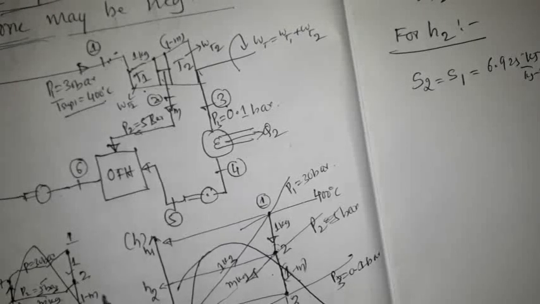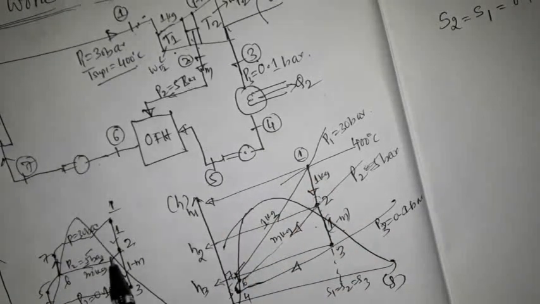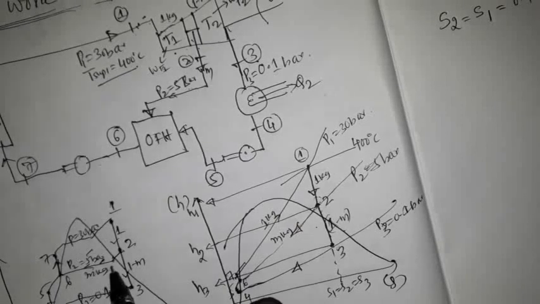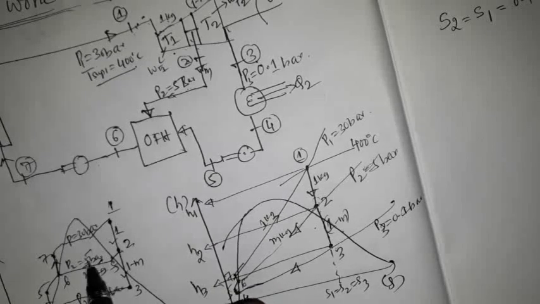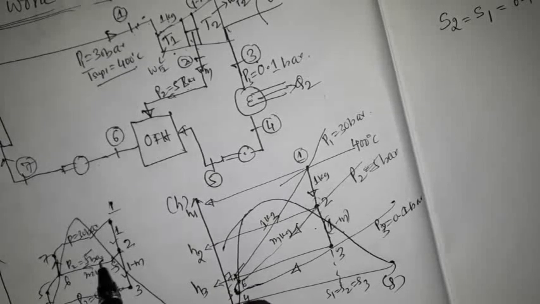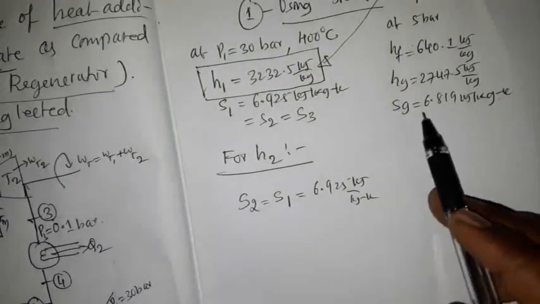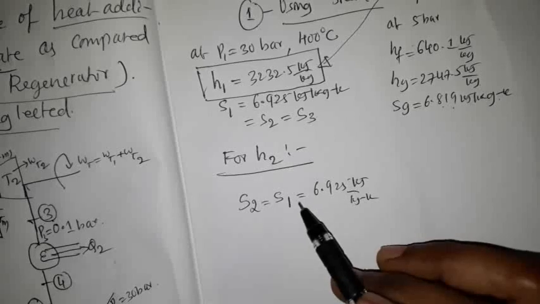That is here on this TS diagram, this is the Sg value at point 2, that is 5 bar pressure. So the Sg value at 5 bar pressure is 6.819, which is lesser than the entropy at state 2.